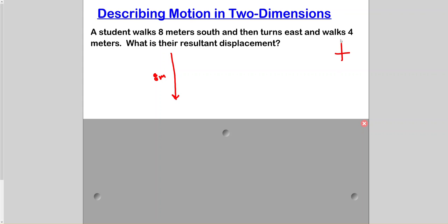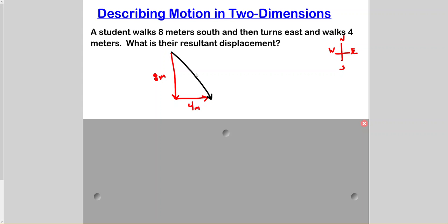If it helps you, north, south, west, east. So then they walk 4 meters. Now I need to be approximate. This vector should be about half of what this one is, because if this is 8 south, 4 east should be about half that. And so my resultant would be approximately that.